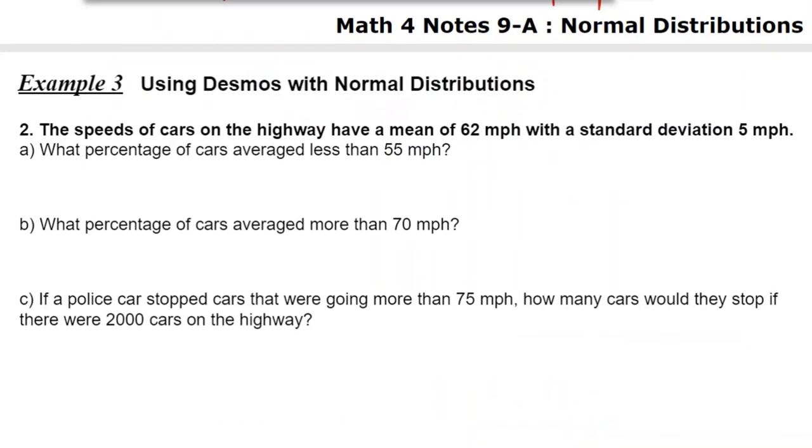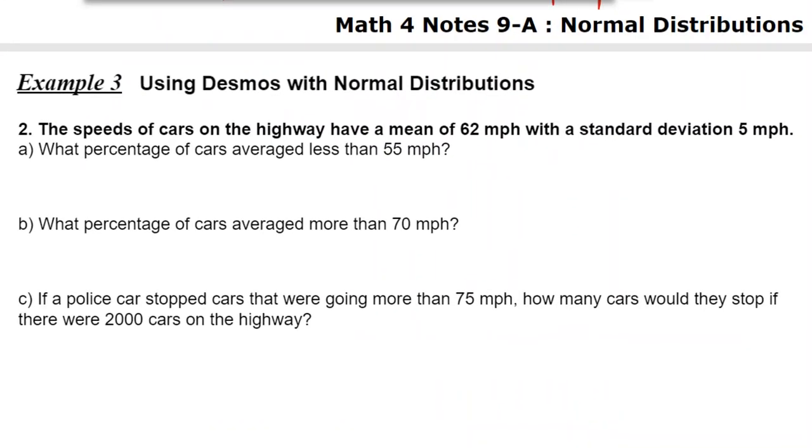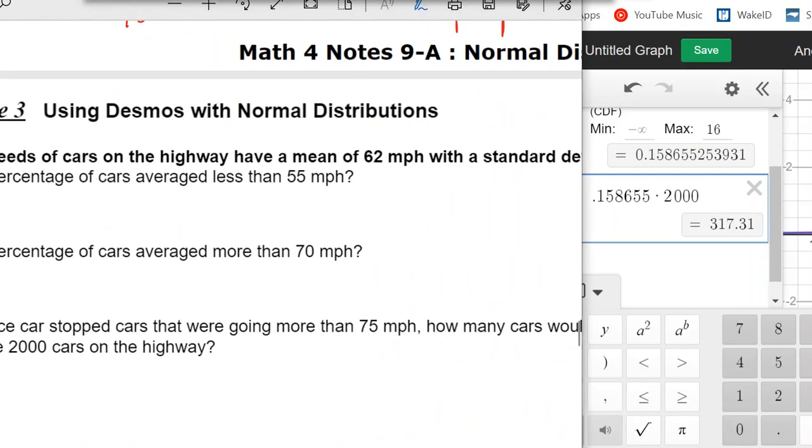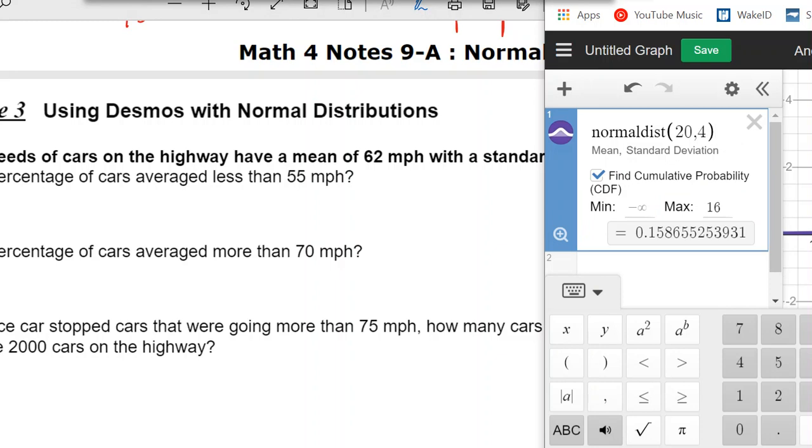Here we have cars on the highway with a mean of 62 and a standard deviation of 5. So we're going to go up here and change those to 62, 5. And we want less than 55. That would be negative infinity all the way up to 55 miles an hour.